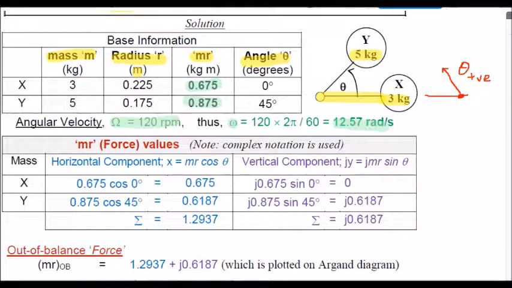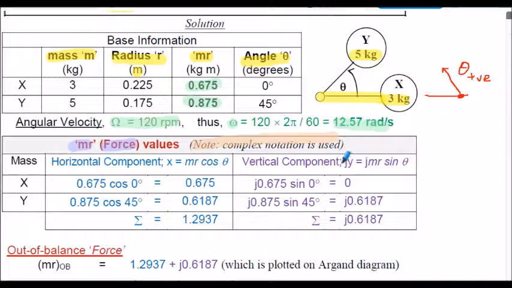Now here's my MR table, I sometimes term it my force values. Not actually force values, you see, because they haven't got the omega squared value in, so not actually forces. We're not calculating forces directly here, because we simplified the equation by taking omega squared out. So these are MR values, and they don't have the Newton force associated with them. And you'll notice I've used the complex notation here in the table.